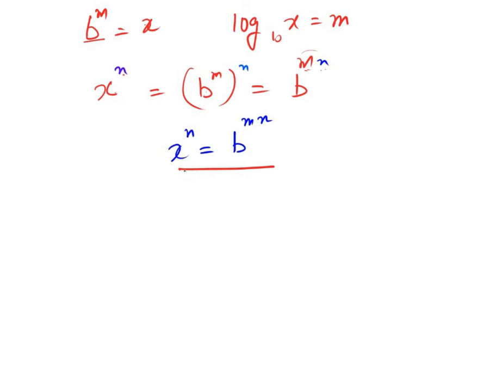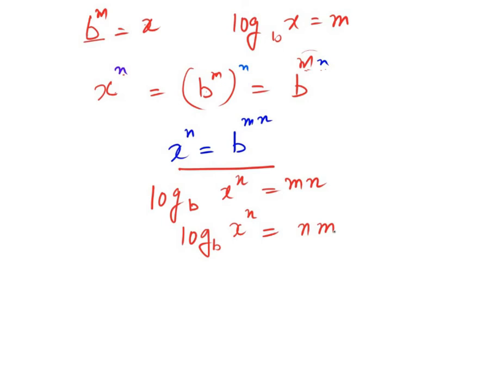Now let's write this back into the log form. So can I say log of x raised to the power of n, because that's the answer, to the base b is mn? Rather than mn, can I say nm?